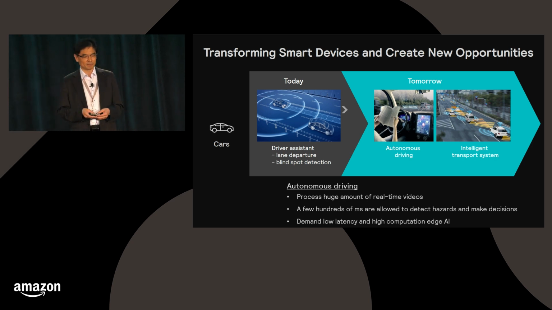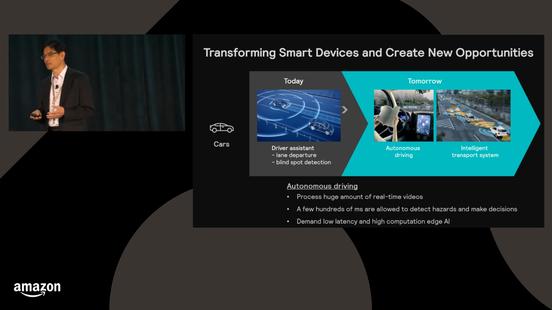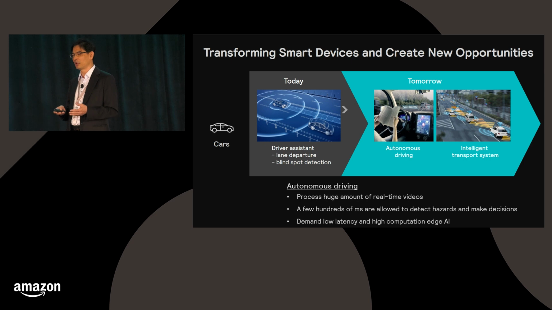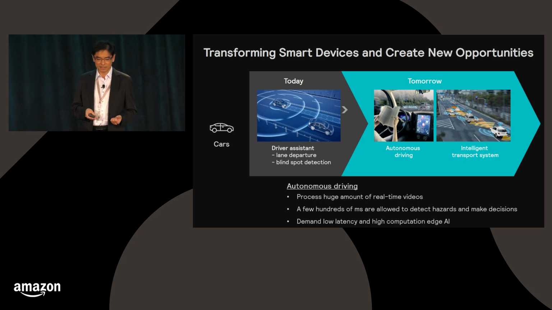Autonomous driving systems need to process a huge amount of real-time video. And when confronted with a hazard, only a few hundred milliseconds are allowed to detect and make a decision before activating the vehicle control. So autonomous systems demand low latency and high computation edge AI capability.